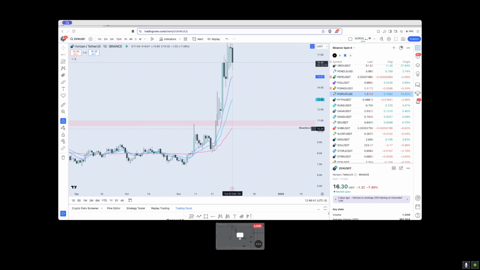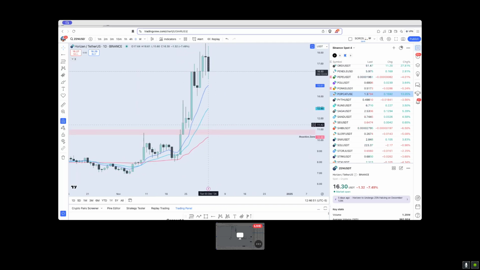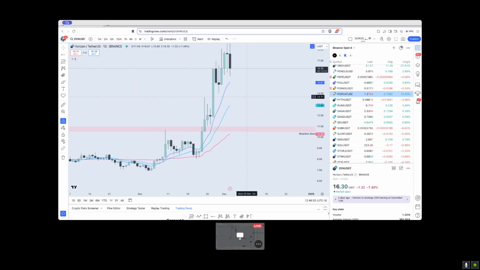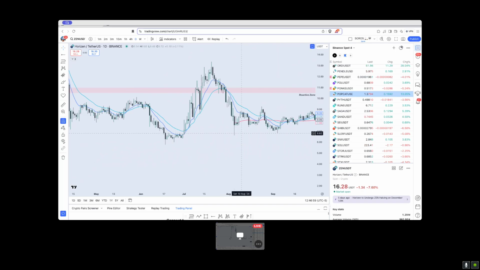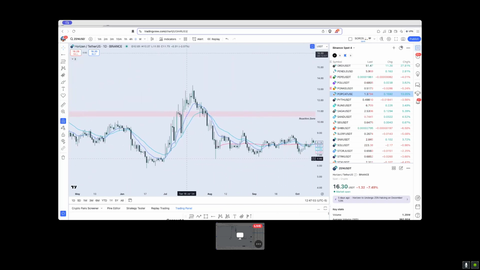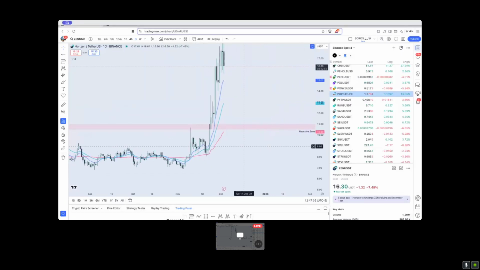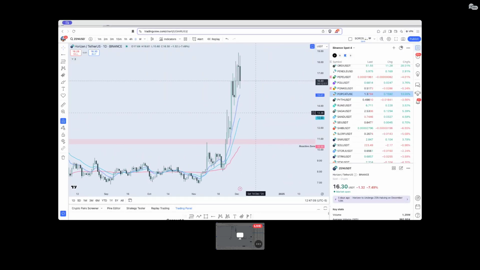If price comes down, in my experience, anchored VWAP from the low is usually a bit faster. It'll catch up with the 10 and 21 because we're only anchoring it from the range low here, whereas the EMAs are from the beginning of data. So this will probably catch up and it'll be right in that same pocket.